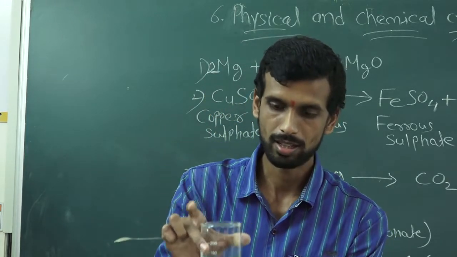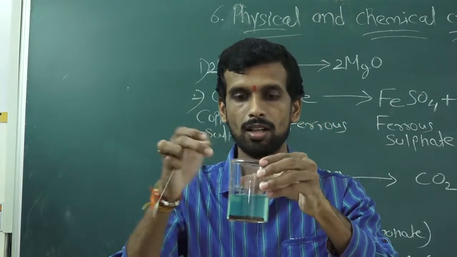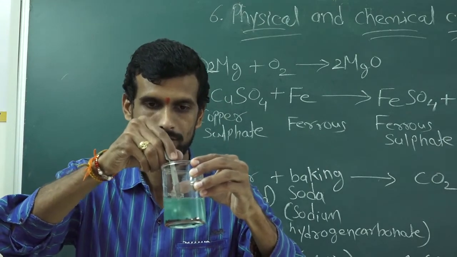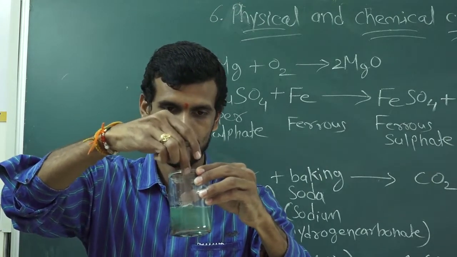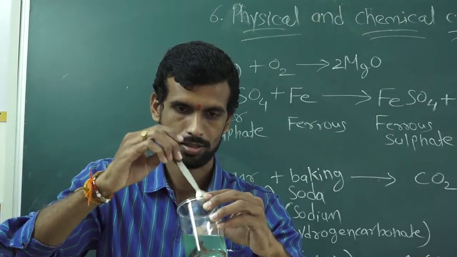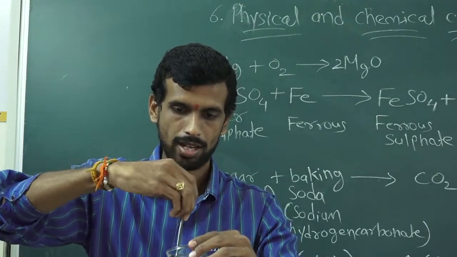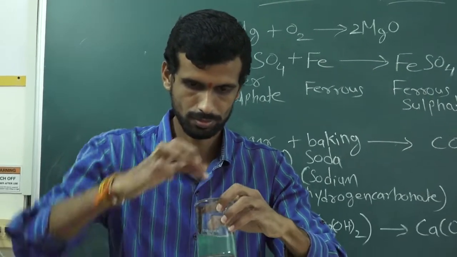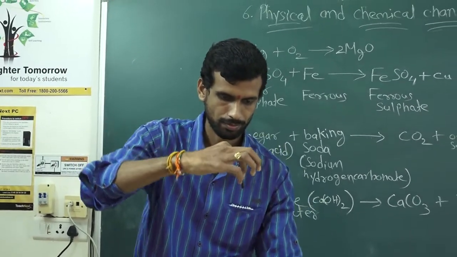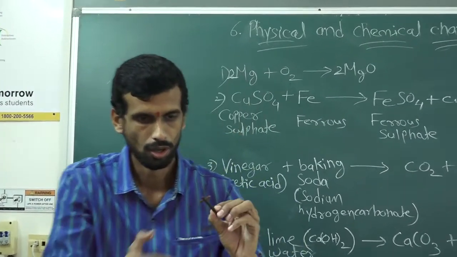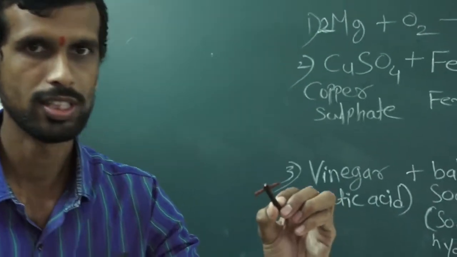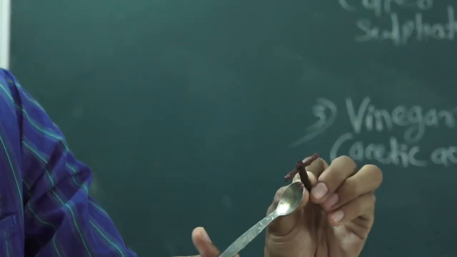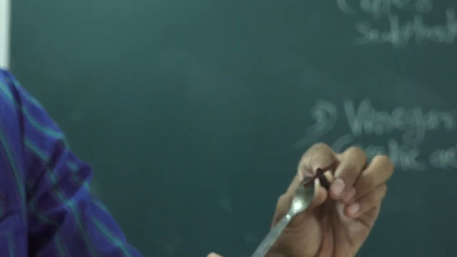And now you can see here at the bottom, the iron nail. So on the iron nail there are some deposits of copper. I am removing those deposits with the help of a spoon.